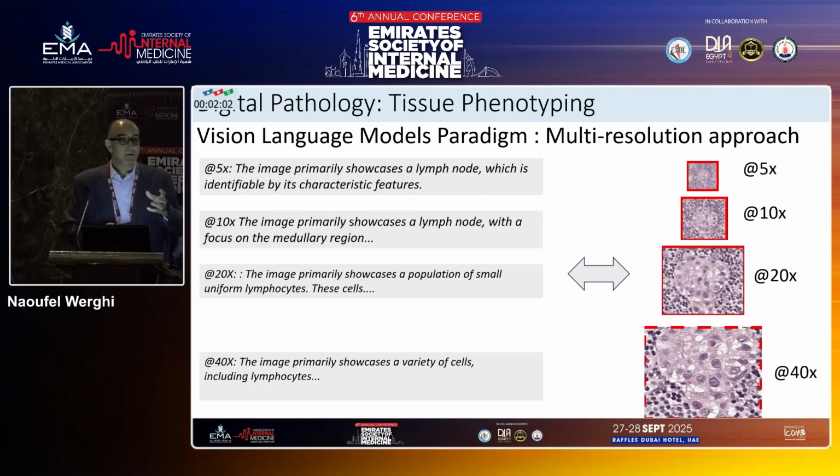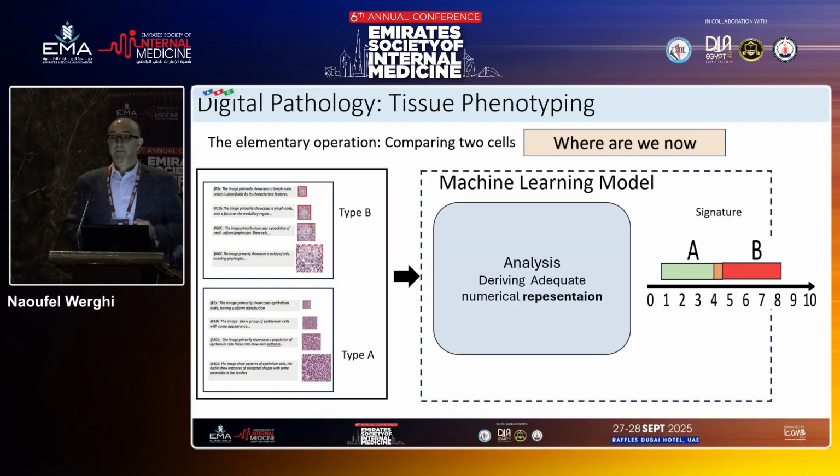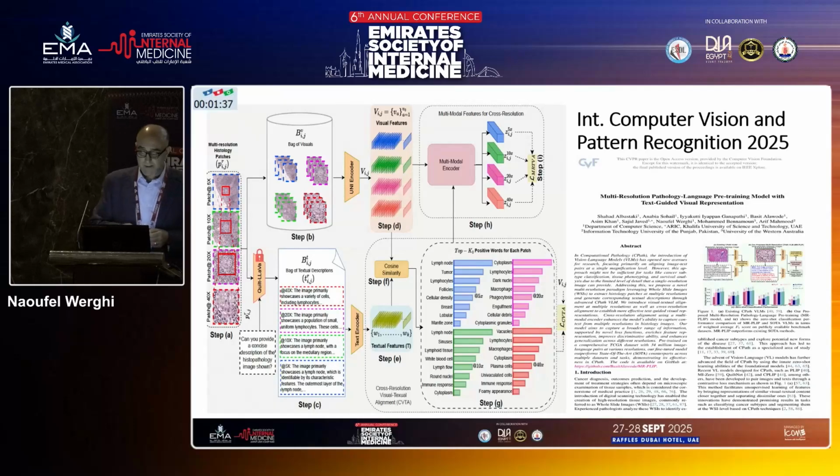When they examine a whole slide image, they do this at different levels of magnification. The more you zoom in, the more patterns, the more information, and the more descriptions. So again, we can take this as a whole package, the descriptions at different levels, and feed this to our learning models. Again, we show that this helps to better classify the different types of cells. And this was our recent paper in CVPR this year.